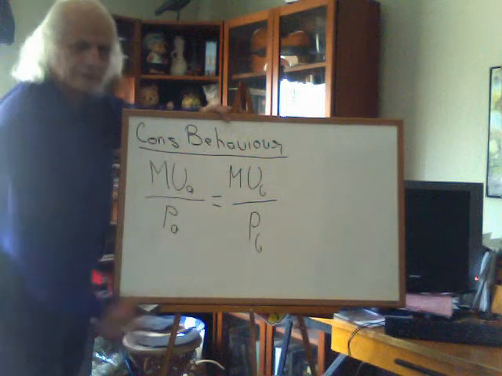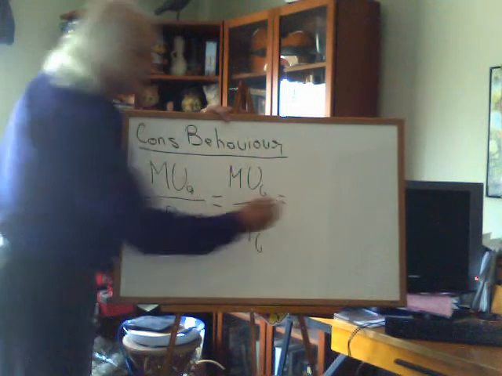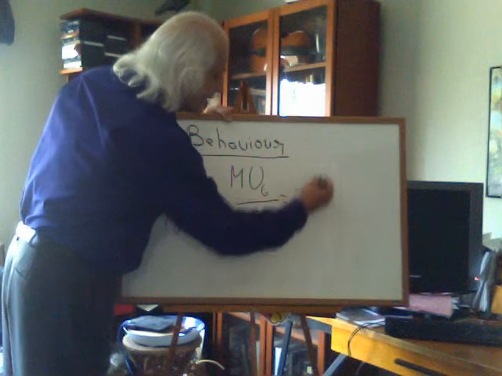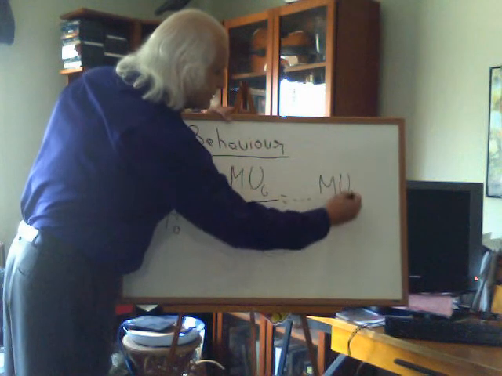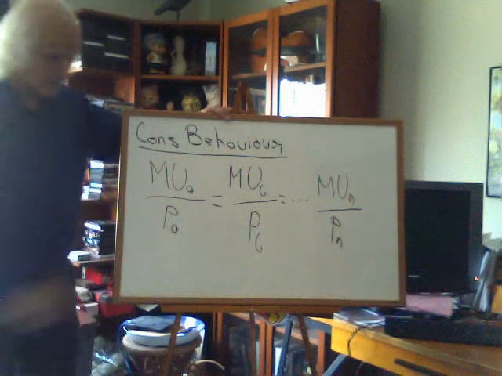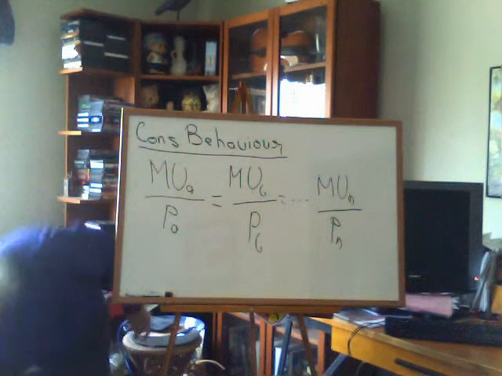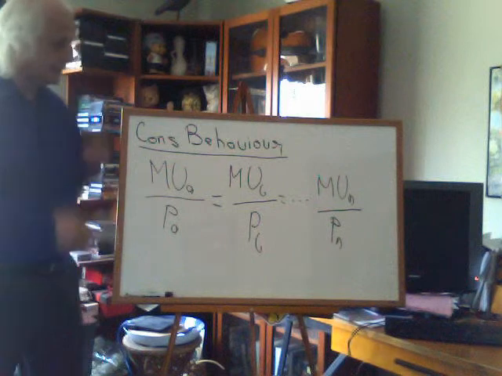In the real world, if you're going to be practical, you don't have only two goods, so this will be true for n goods, up to the marginal utility of n over the price of n. Now this makes lots of sense, doesn't it? If you stop to reflect about it, what do you find out?